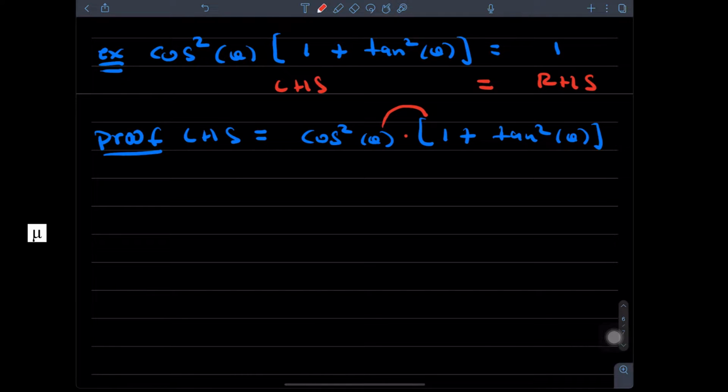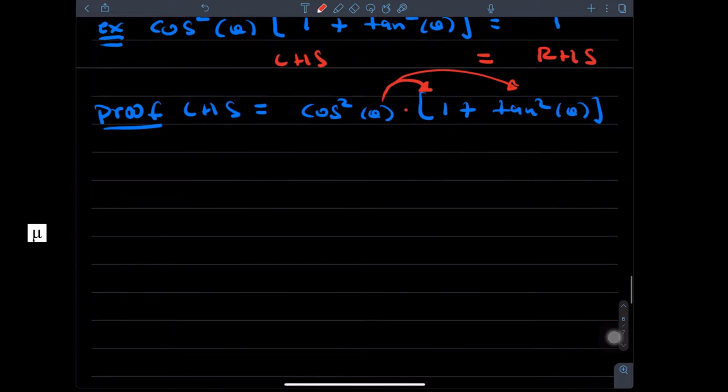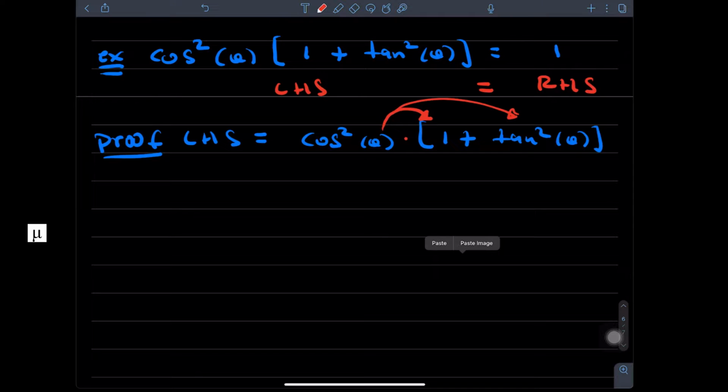Anybody know what this property is known as? What's that known as? There's a couple of things I can do. There is more than one way to do these, ladies and gentlemen. Just so you guys know, there's simply more than one way. I'm gonna do this. What if they say algebra?